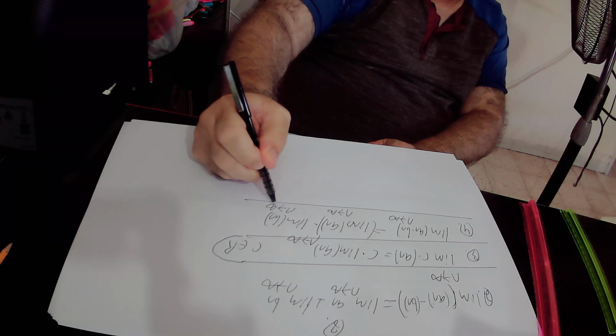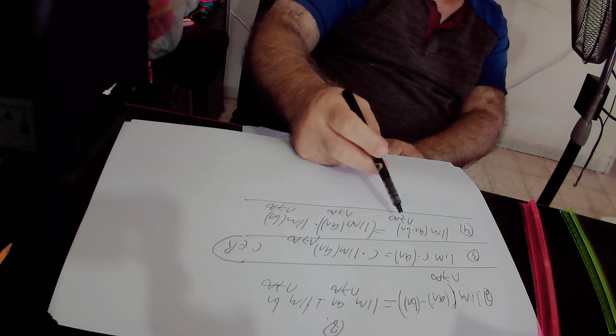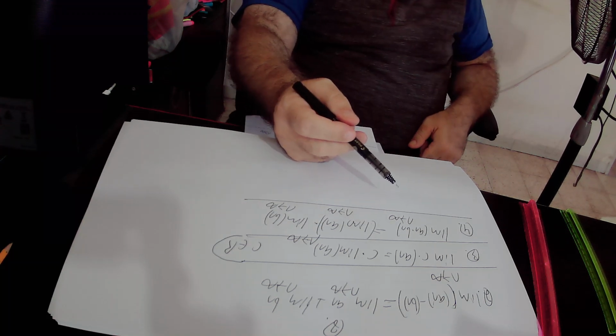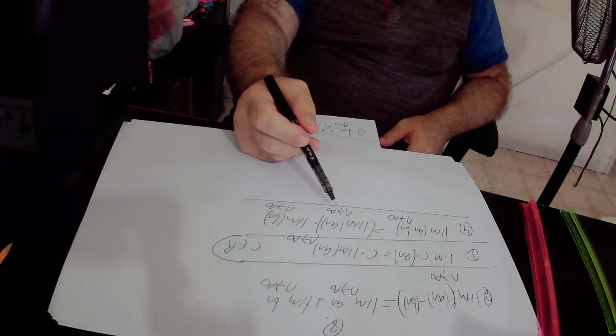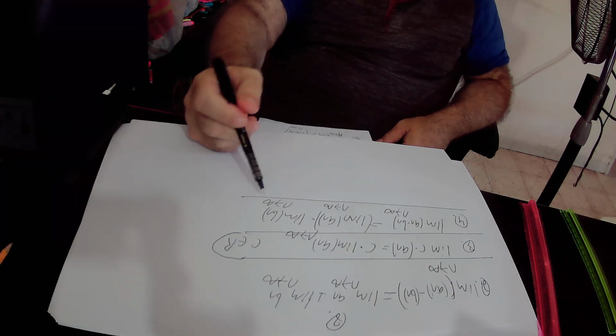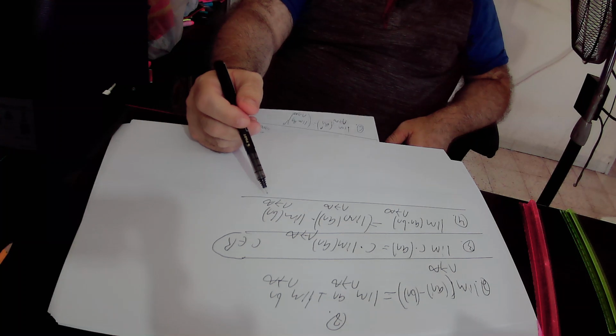Repeat again, the limit of sequence an times bn when n tends to infinity will be equal to the limit of sequence an when n tends to infinity times the limit of sequence bn when n tends to infinity.